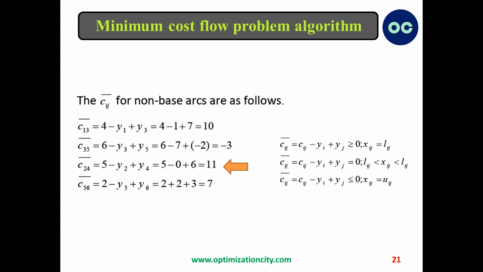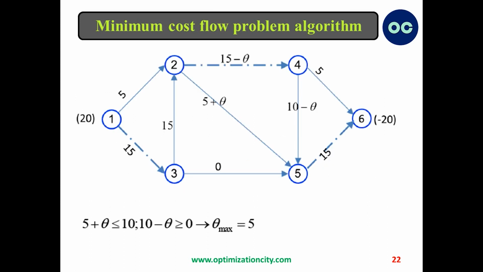Out of the 4 arcs that can enter the basic solution, we select arc 2, 4 because it has the largest absolute value compared to the others. The output arc is determined as follows.